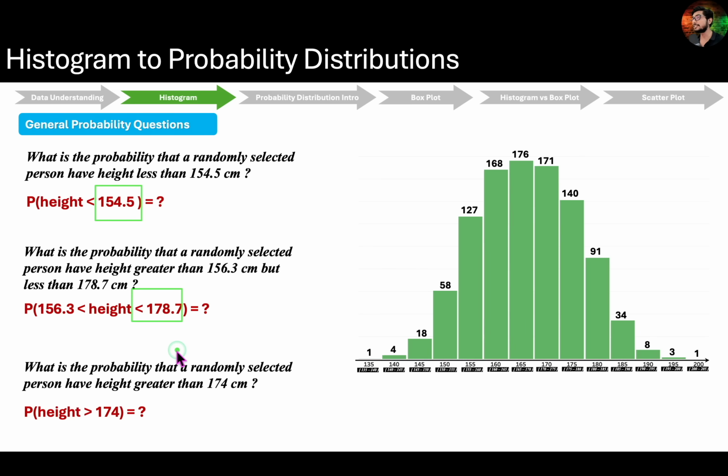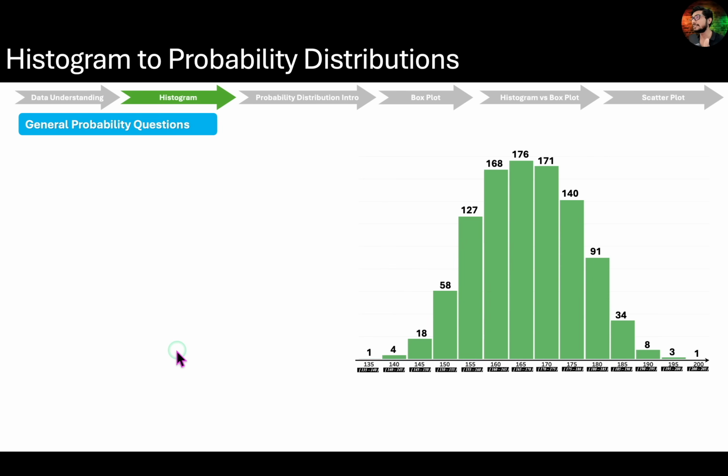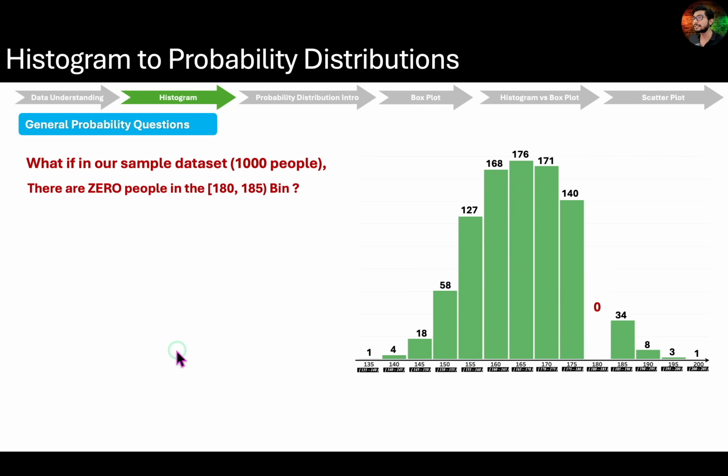Now before we transition to the concept of probability distributions, let's address another significant limitation of histograms. Just a moment ago, I mentioned that we usually collect a smaller sample from the entire population, like the 1,000 individuals in our example, and rely on it to make inferences or draw broader conclusions about the entire population. So what if in a sample of 1,000 individuals, no one falls within the 180 to 185 centimeter height range?